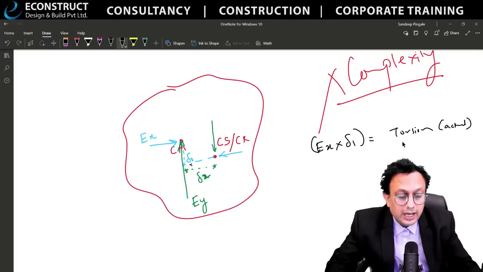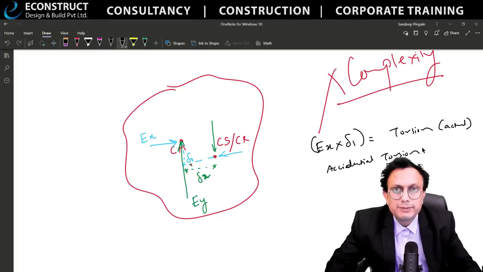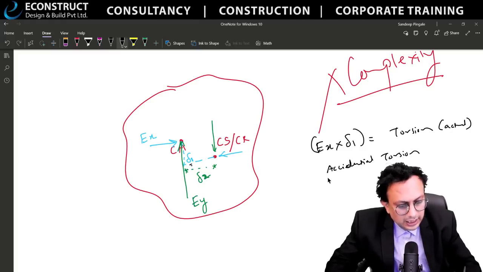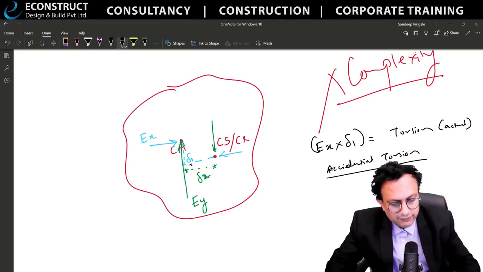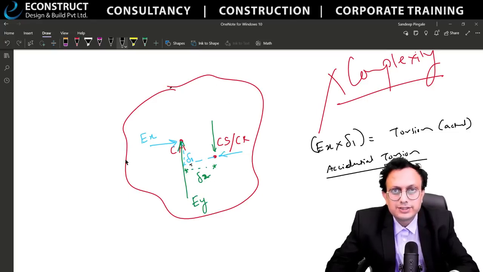Okay. Apart from this, you will get the accidental torsion. What is meant by accidental torsion? Accidental torsion means, let's say, for example, imagine that this is your floor plan, and imagine that your father is running a grocery business here.